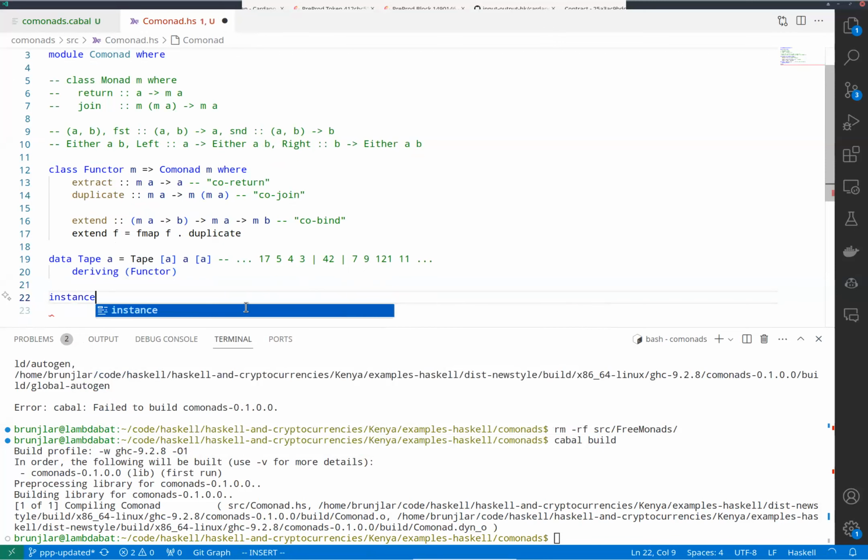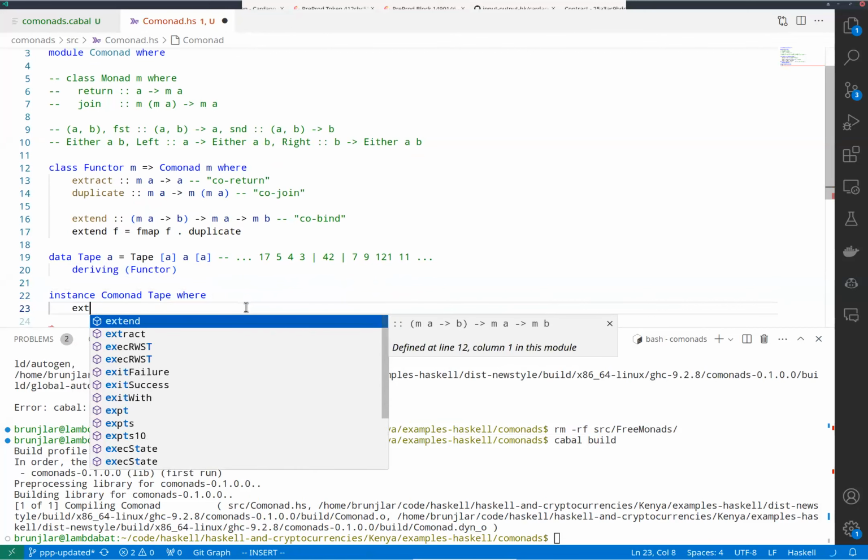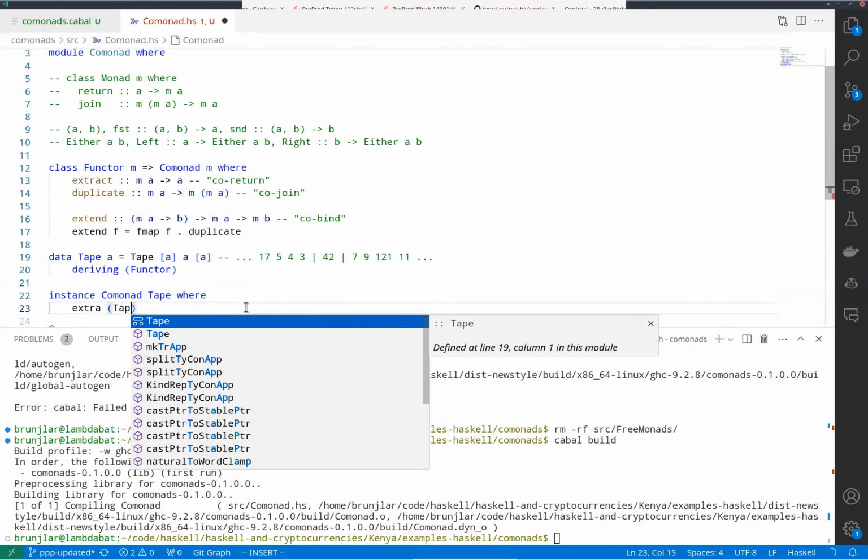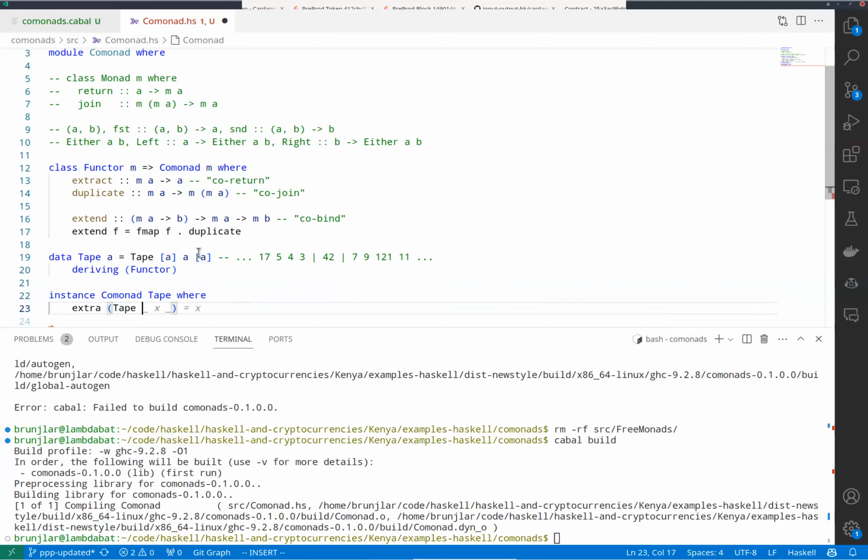So instance comonad tape, where? For extract, I have a tape with stuff on the left. By the way, I think the best way to picture it: this thing here would be the tape, and the list on the left would not start at 7. It would start at the middle, so it would be 3, 4, 5, 17, and whatever.